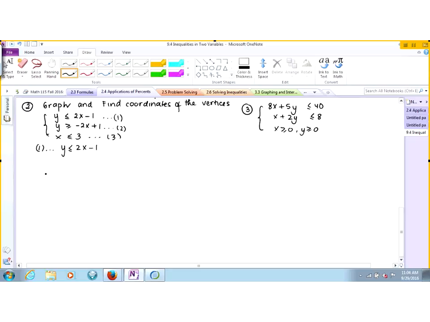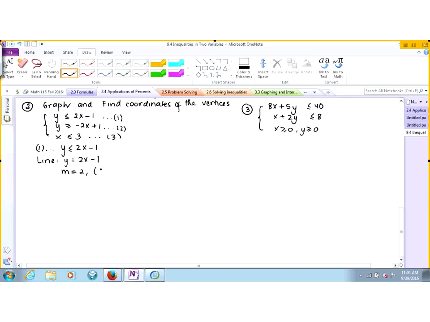Okay, so y is less than or equal to 2x minus 1. Okay, Jesus, first step is find the line. What is the line? Equation of the line. That's right. That's correct. So how do I graph this y equals 2x minus 1? The slope is the coefficient of x, which is 2.